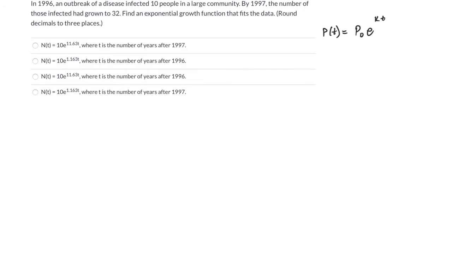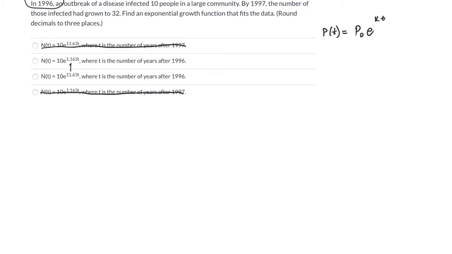Okay, here's another one. Outbreak, 10 people, 1997, number of those infected to 32. Find the exponential growth function. Now, just when I'm looking at the answers, it says t number of years after 97, but really our start is 1996. So I'm getting rid of that answer and that answer right off the bat.